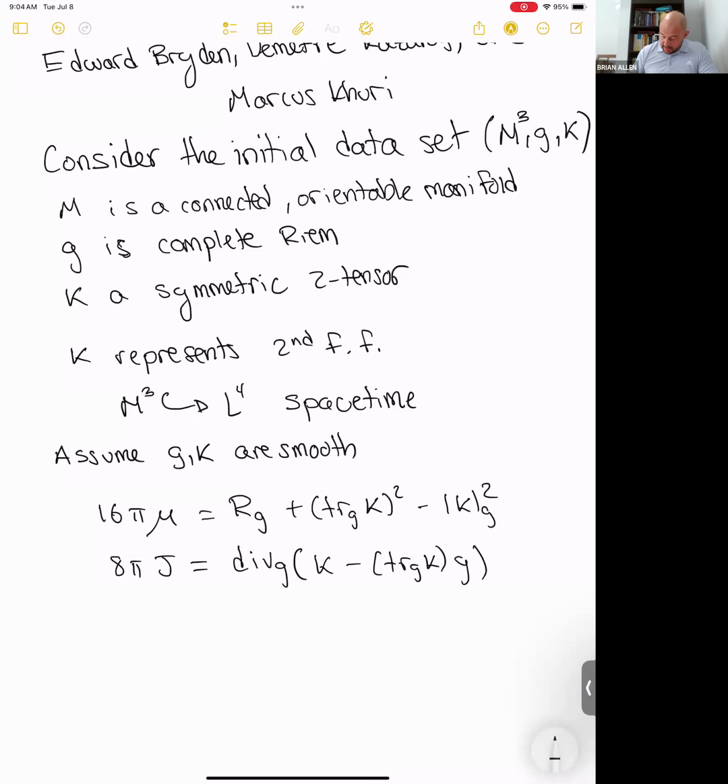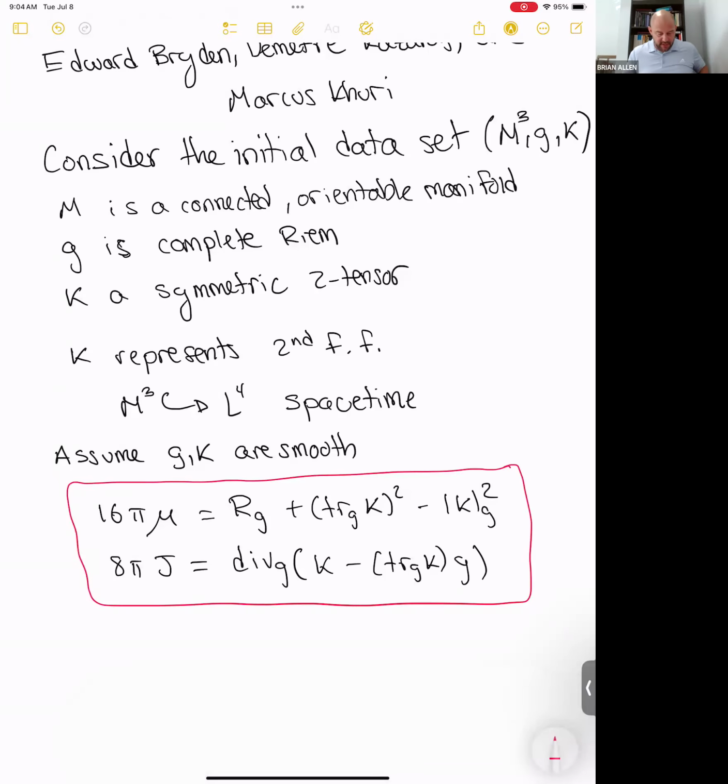These are called the constraint equations, and basically if you have a manifold M3 like this with a G and a K that satisfy these constraint equations, then you can evolve forward in time with a nonlinear wave equation given by Einstein's equations and get a spacetime. But you can also just analyze everything on M, and that's what we're going to do in this talk.